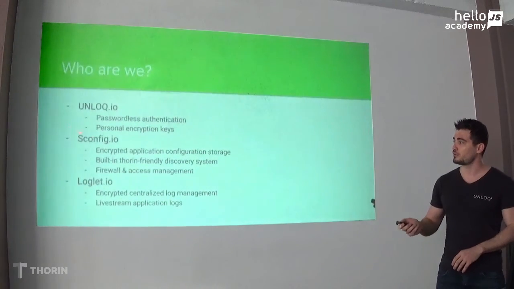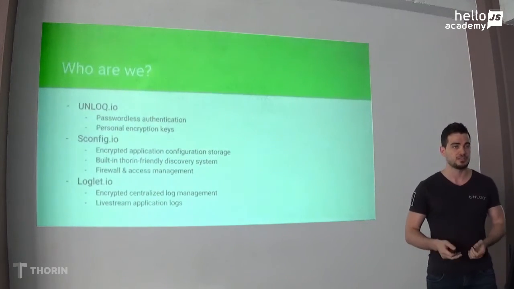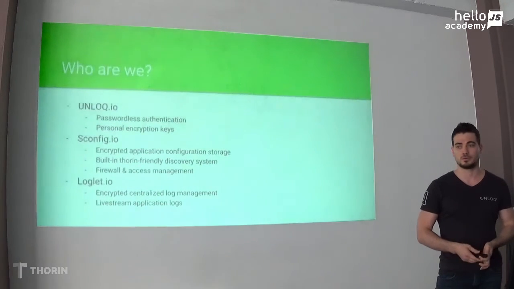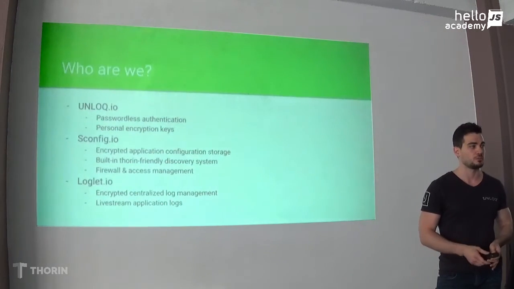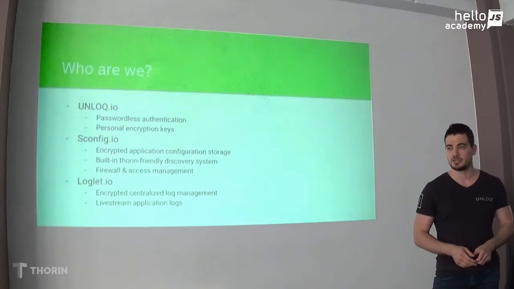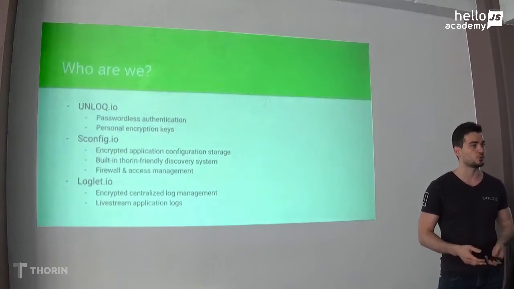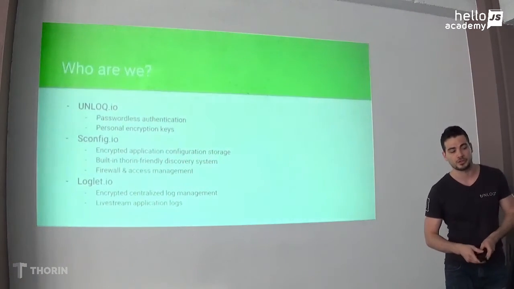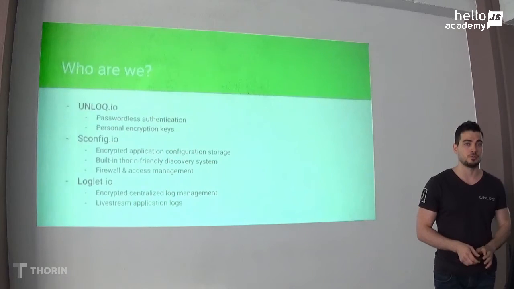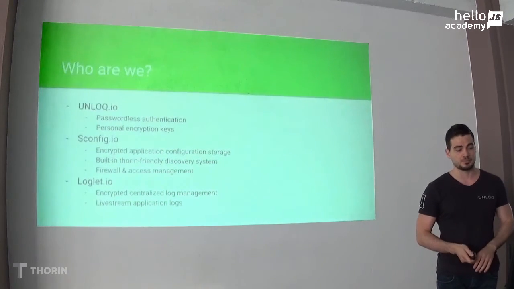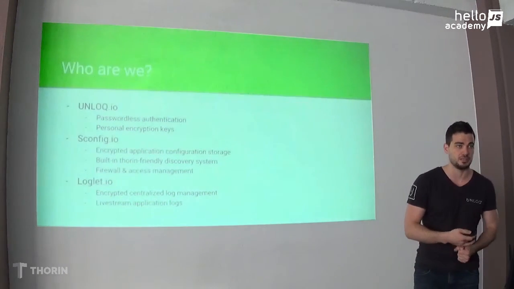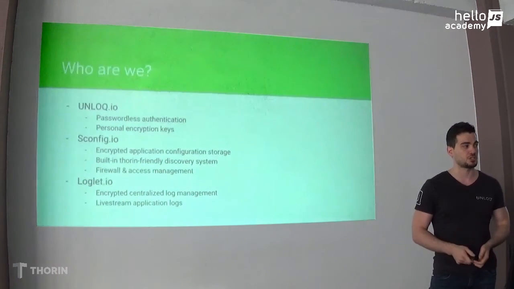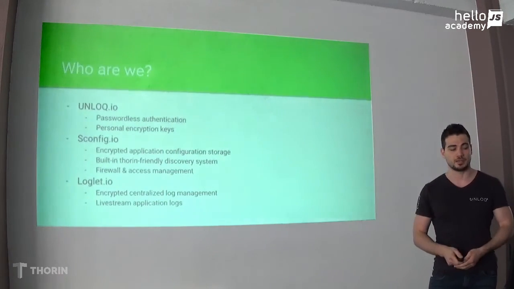We're going to start with sconfig, which is an encrypted application configuration storage. If any of you ever went with an application into production mode, you know that you need some kind of mechanism to store your access tokens, secret keys, connection strings, and so on and so forth. sconfig can help you in this direction. It also has a built-in Thorin-friendly discovery system, which helps when you're developing applications in a microservice-oriented way.